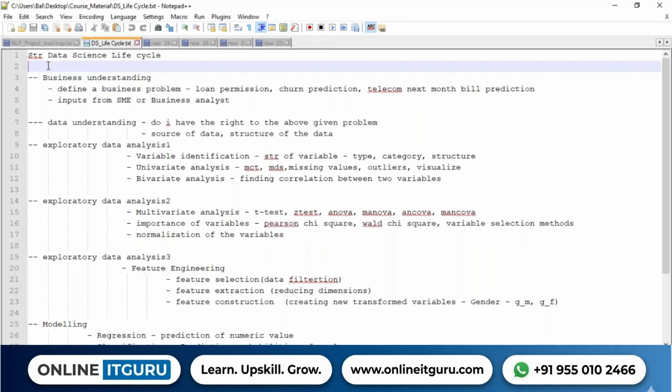Software development also is giving a solution to businesses, but there your final product will be an application. Here the final product will be knowledge of your business, which has been generated from your history of business data. So here we solve the business problem using data.